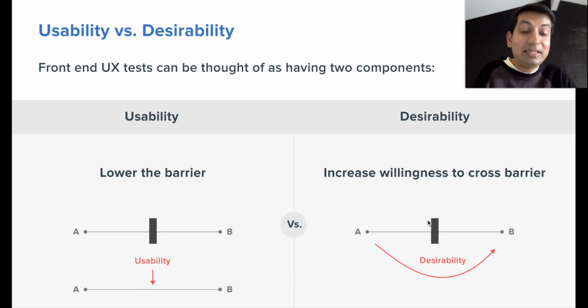So even if the website is super clunky and kludgy to use, desirability would be presenting the products, etc., in a certain way that helps more users say, I want this and I will deal with whatever friction there is on the website. So two different aspects of the same goal, which is increasing the percent of people getting from point A to point B. And that's conversion rate, right?